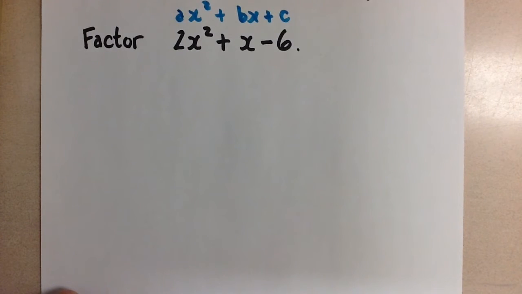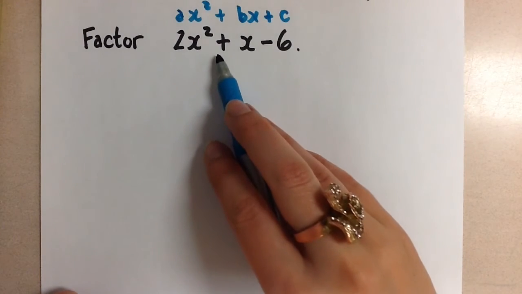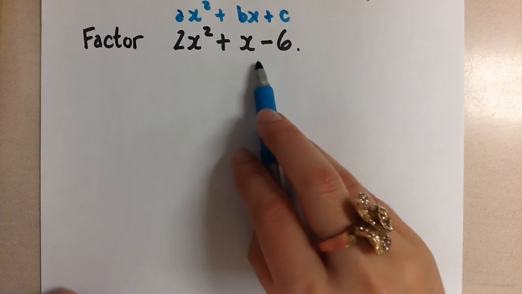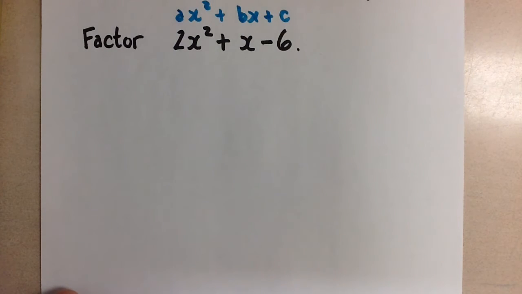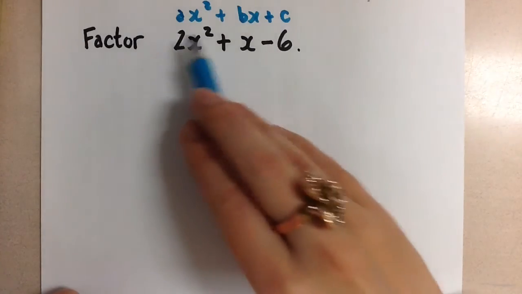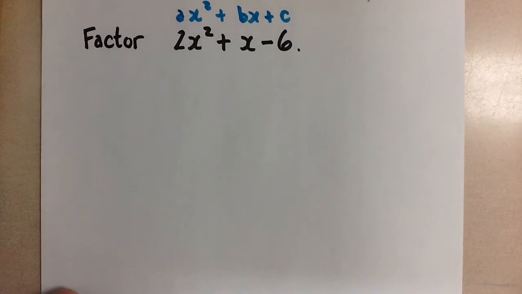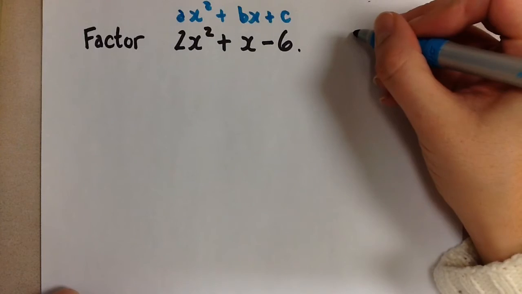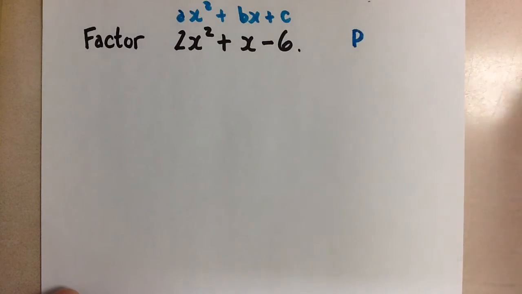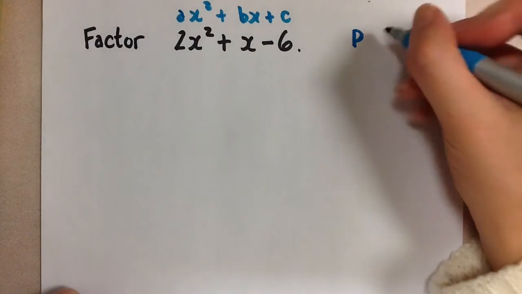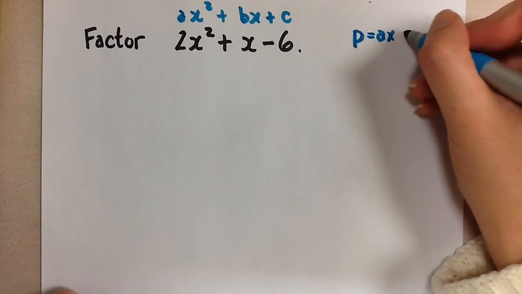In order to use decomposition, we're actually going to take this middle term and break it up into two separate terms. In order to figure out what two numbers to break it up into, we're going to look at the coefficients a, b, and c. So we need to find two numbers that give us a product of a times c.